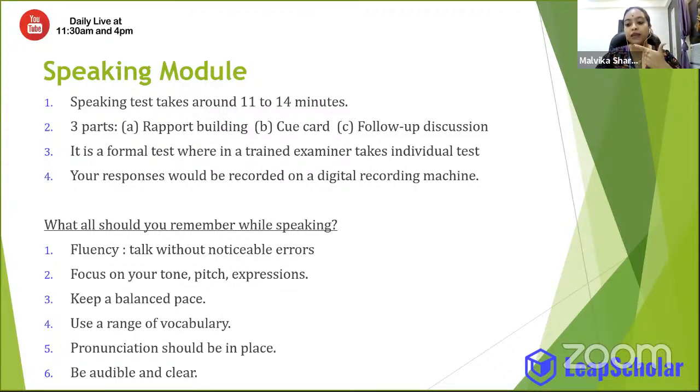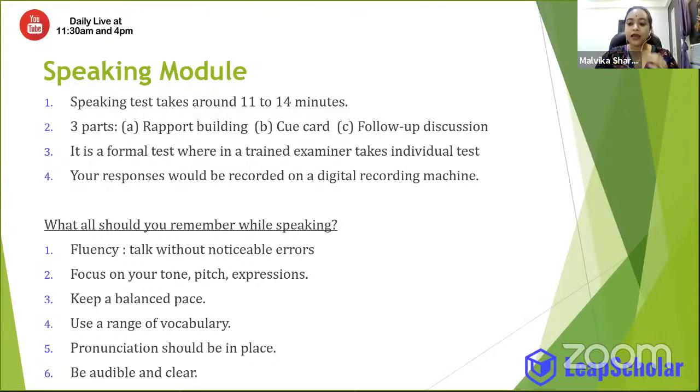Second round would be your cue card section. Now, this is a popular section because in this, you are usually given one question card in which there will be one main question. After that, there will be 3 to 4 sub questions related to the main question, of course. You have to answer all the questions in the cue card, guys.